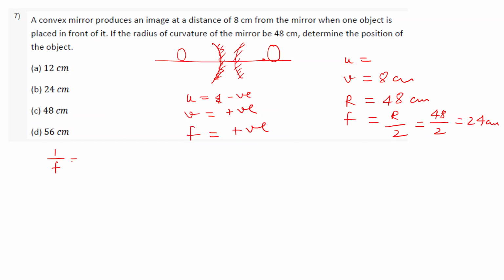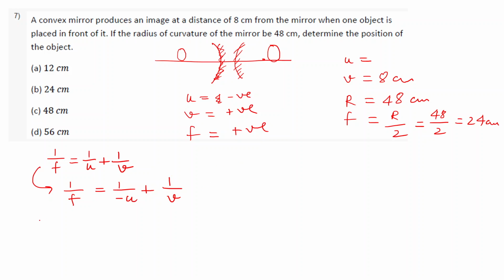Initially we know 1 over f is 1 over u plus 1 over v. Now incorporating sign convention, it will become 1 over f is positive, u is negative, v is positive. So this is my final formula.